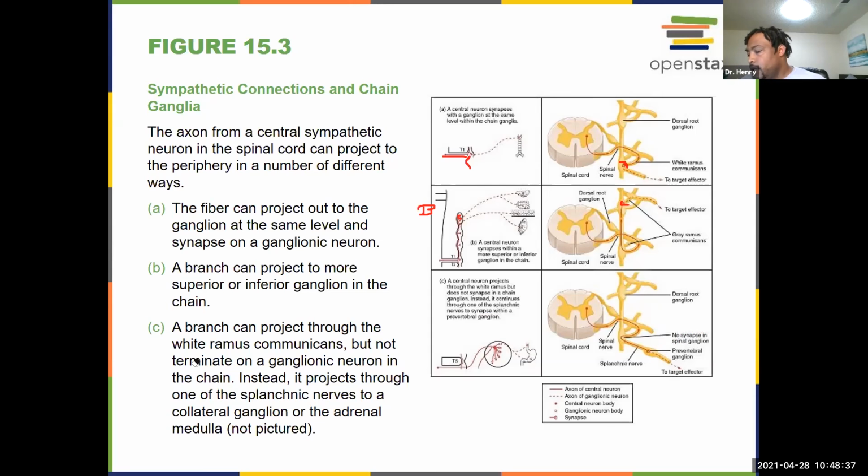Down here, the third one. Basically, the branch is going to be projecting from the white ramus communicans. So in this case, you're going to have these here, and then here you're actually going to get a branching structure.